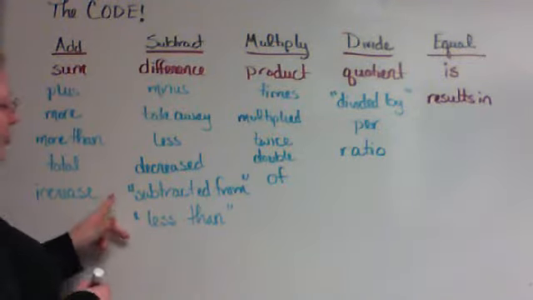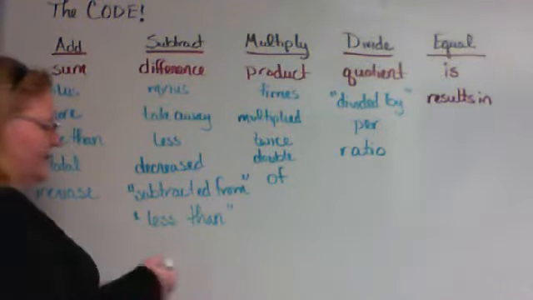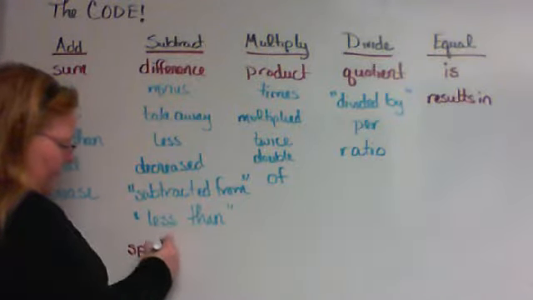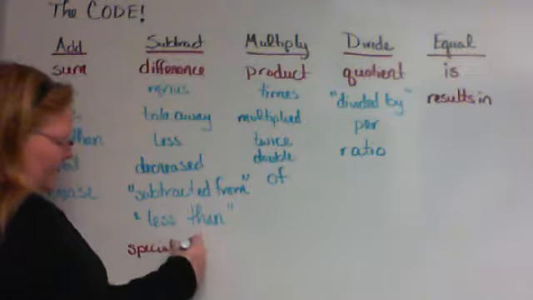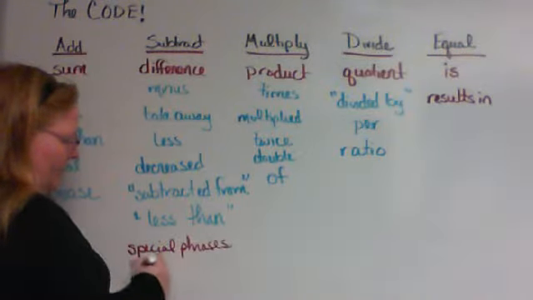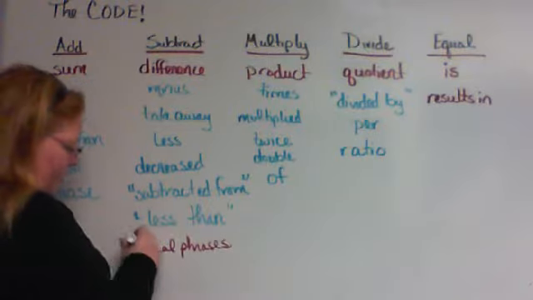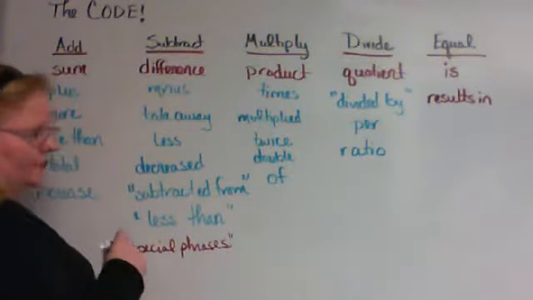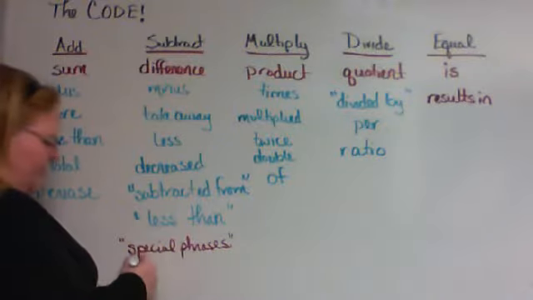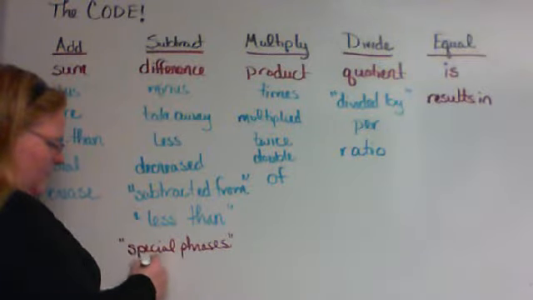These are two of the special phrases. Any special phrase automatically, and I'll put that in parentheses so you'll know I'm talking about stuff in parentheses, automatically flips the information.